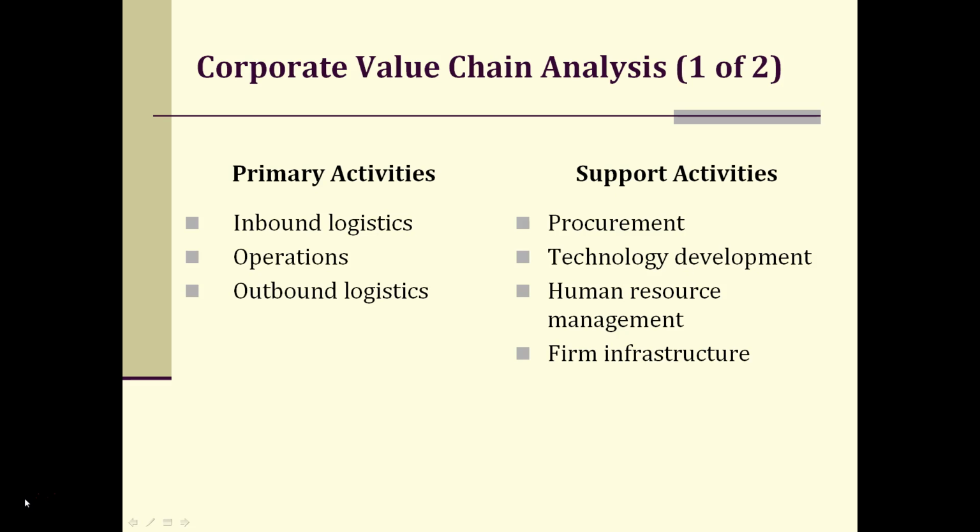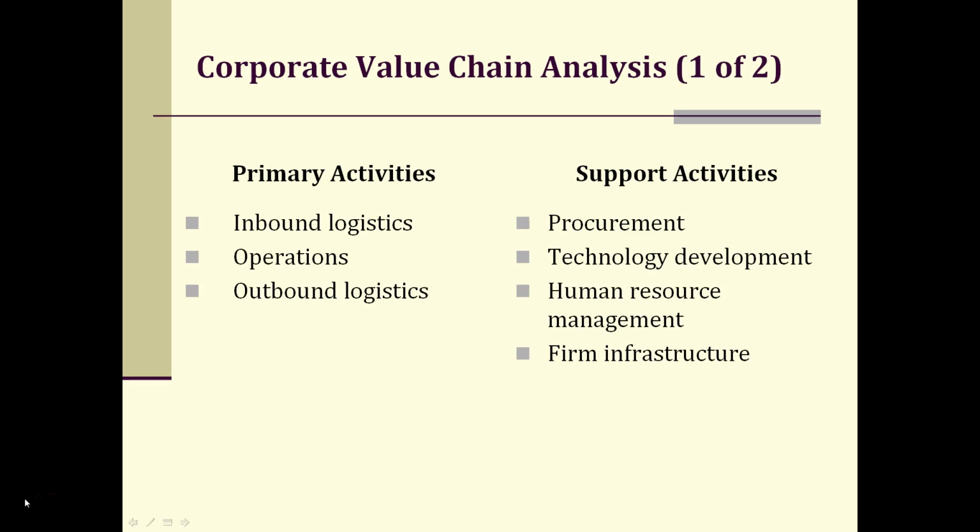They go through an operations process in which a product is manufactured and continue to outbound logistics, warehousing and distribution, to marketing and sales, and finally to service, installation, repair, and sale of parts.